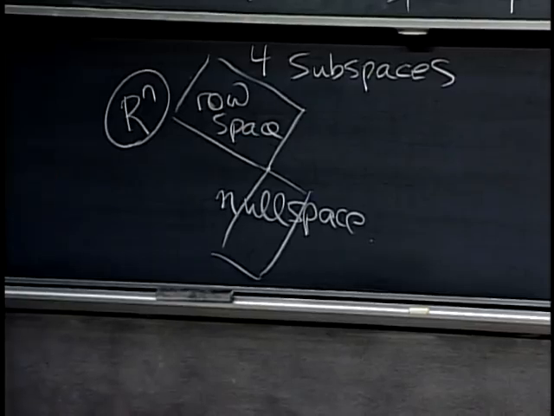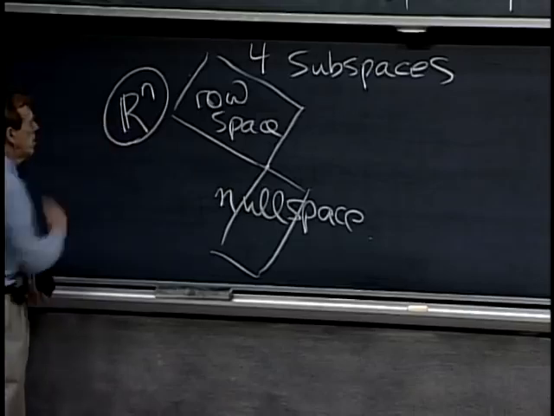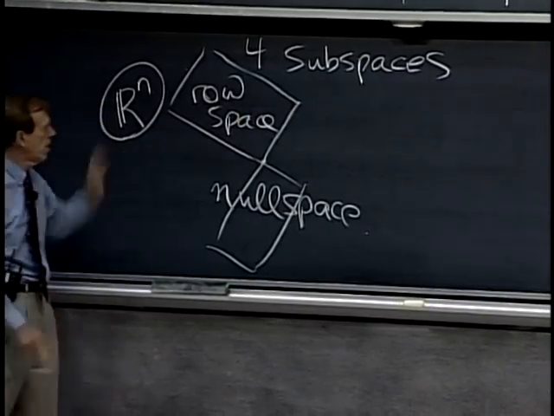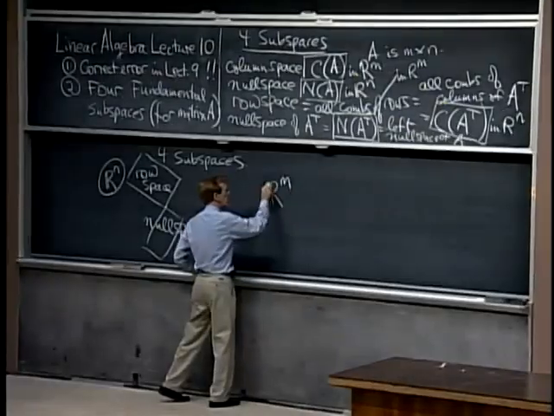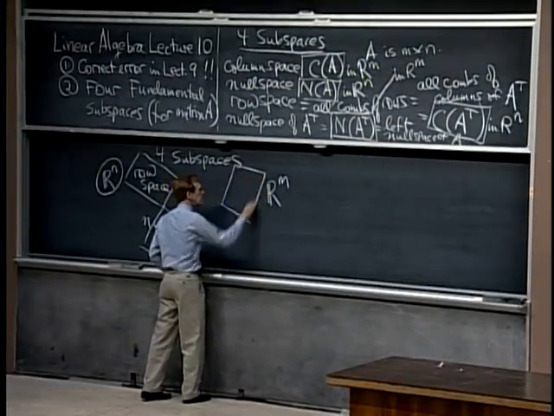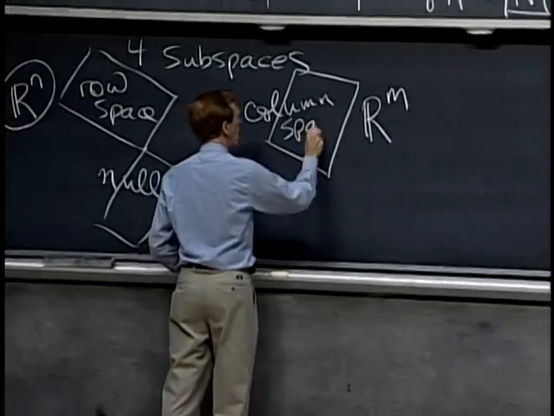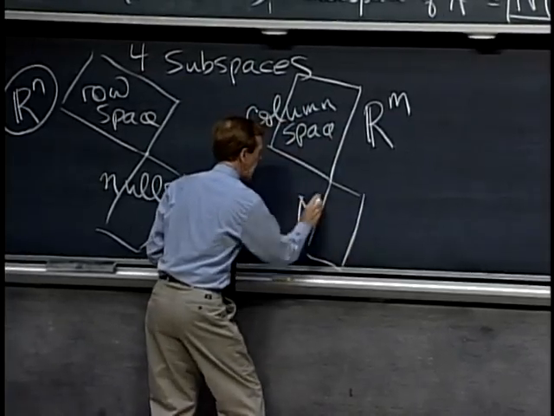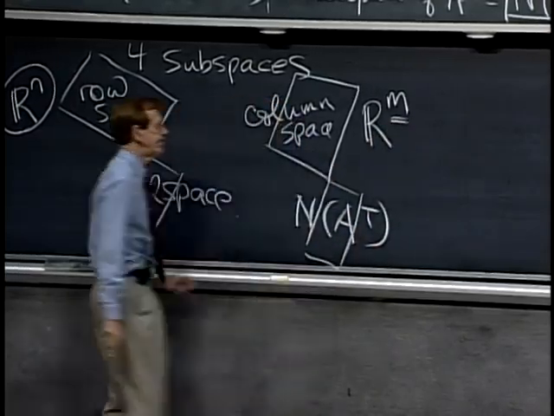That's just meant to be a sketch, to remind you what type of vectors are in it. Vectors with n components. Over here, consisting of vectors with m components, is the column space. And what I'm calling the null space of A transpose. Those are the ones with m components.